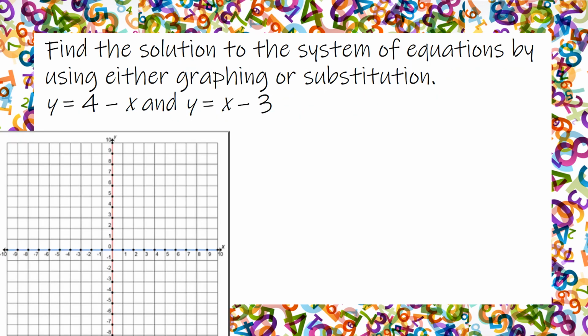Find the solution to the systems of equations by using either graphing or substitution. So y equals 4 minus x. So the first thing I'm going to do is graph these. I'm going to look at the first one, and I see this 4 is positive. That's going to be my y-intercept. And my slope is -1.